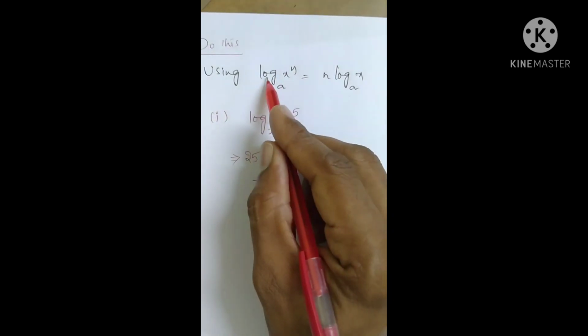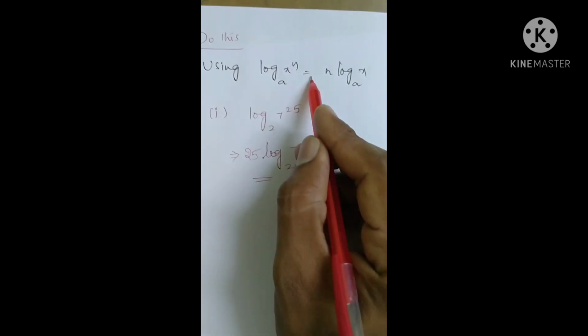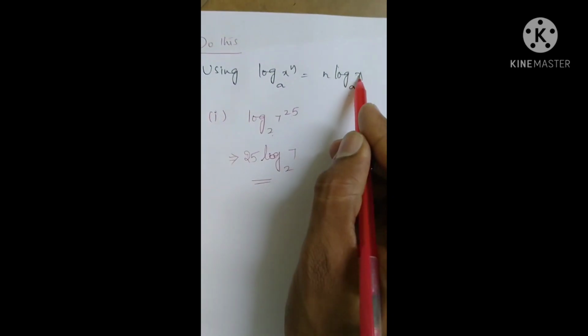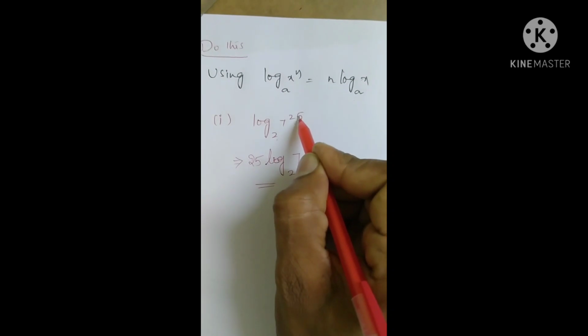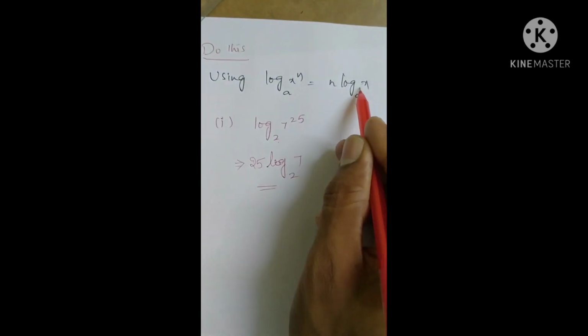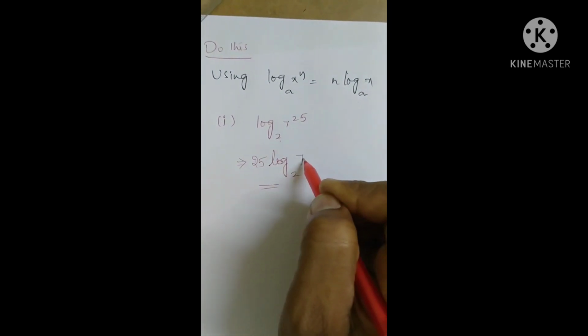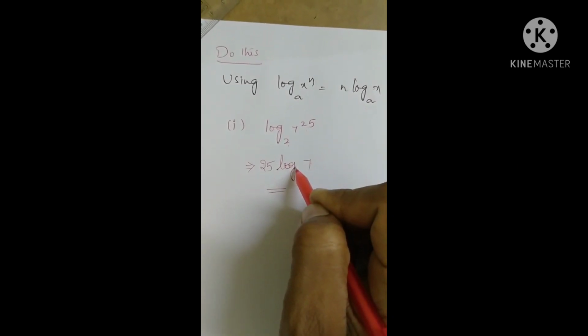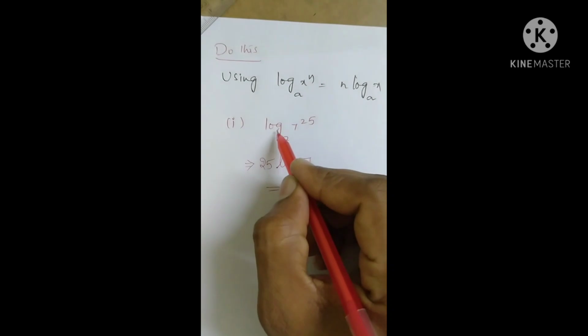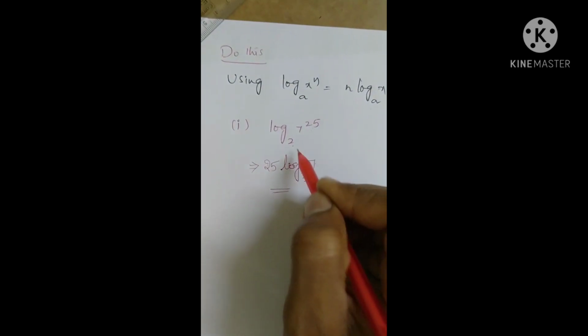Our formula is log x power n is equals to n into log x. Here bases are a. Here n is 25. So n log x means 25 log 7 base 2. This is the final result. This is the expansion of log 7 power 25 base 2.